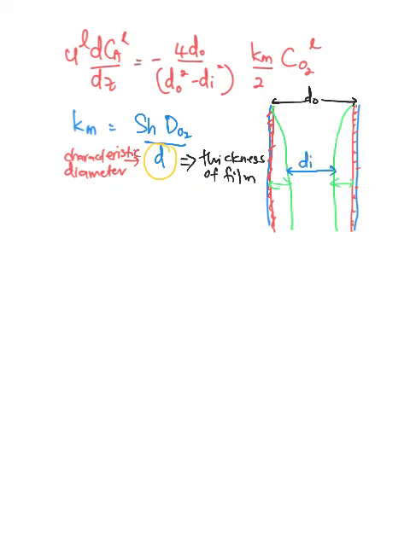When you want to insert the values, D naught, DI, and D, the D for the mass transfer coefficient in this case is the thickness of the film. The diffusivity of oxygen is given. The Sherwood number for laminar flow in a cylinder is 8/3.